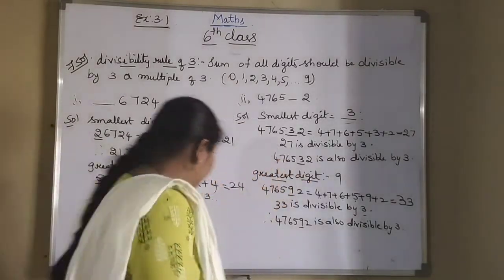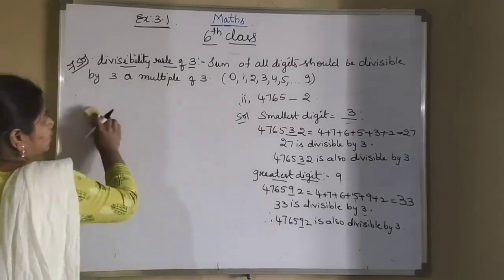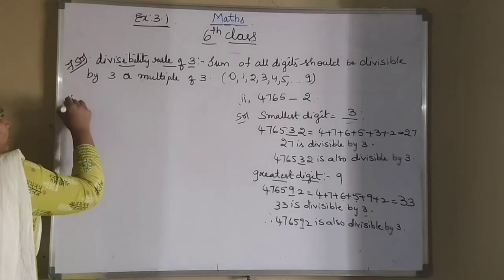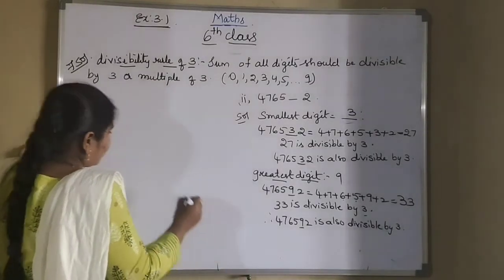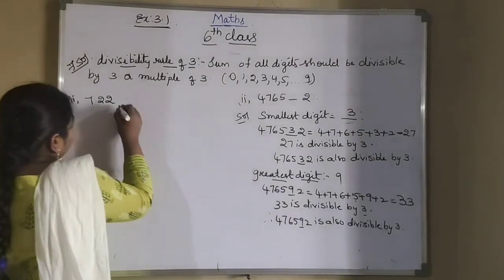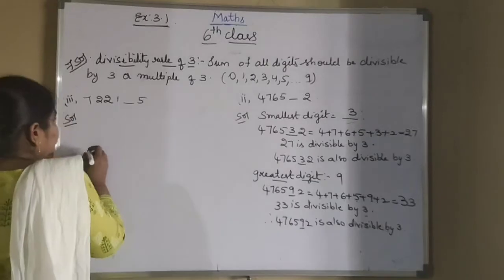Last one we will see. What is the last question they have given? That is 7, 2, 2, 1, blank, 5. So what are the smallest and the greatest digits we have to check?